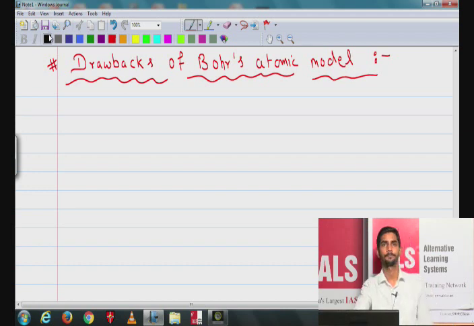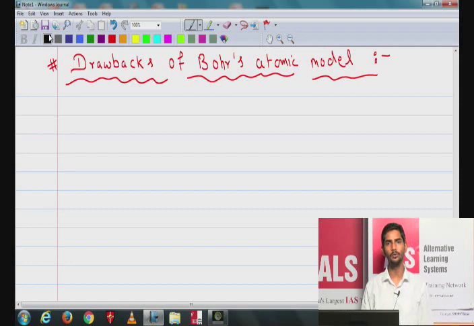Okay, guys, this is quite important from the examination point of view. This is asked in the CBSE examinations and in the state board examinations: what are the drawbacks of the Bohr's atomic model. See, first of all, we discussed Dalton's theory, where we discussed the atom, how the atom is generated, how we introduce the atom.